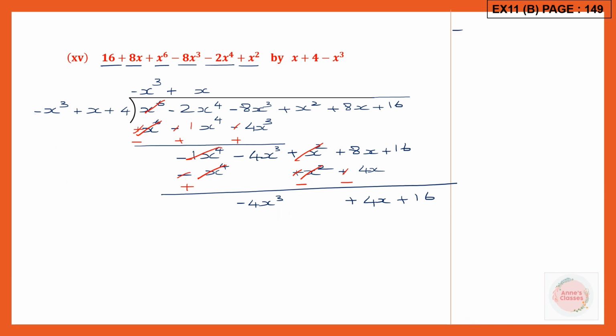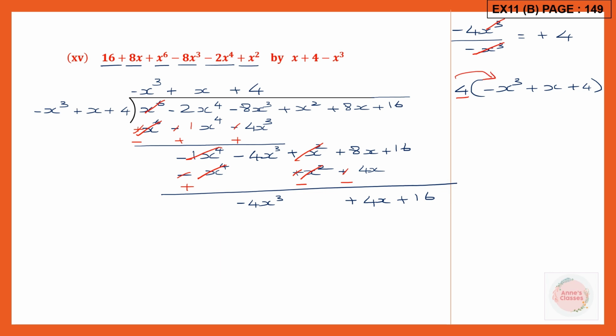So here we have minus 4x cube divided by minus x cube. So here the sign is plus, then number is 4, x cube and x cube get cancelled. So I have only plus 4, which I will write in my quotient, plus 4. Now I need to take 4 and multiply it with every term here. So let's do that. I'm going to multiply 4 into minus x cube plus x plus 4. So multiply 4 into minus x cube.